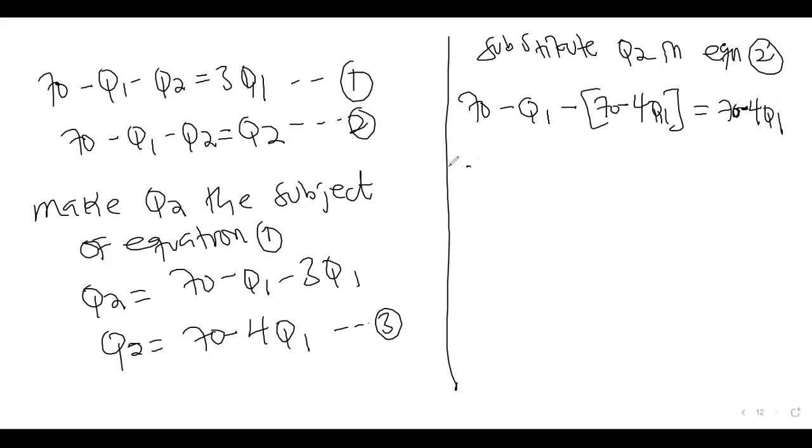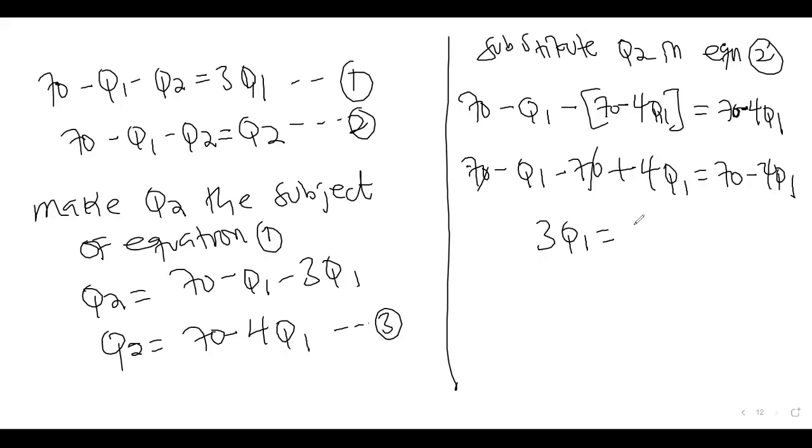So we can now have 70 minus Q1 minus 70 plus 4Q1 is equal to 70 minus 4Q1. So this 70 and negative 70 will cancel. And then minus Q1 plus 4Q1, we'll get 3Q1 is equal to 70 minus 4Q1.